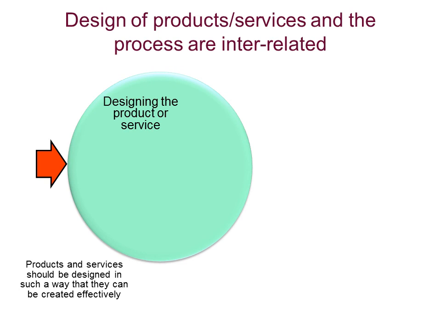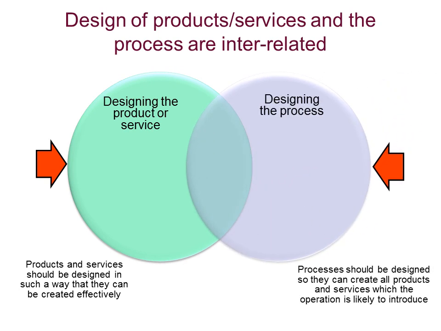So they're all designed in some way. They have shape, they have form, they have elements to them, parts to them, and they need to be designed in such a way that they can be created effectively, that all these parts, these elements for the product or service can be put together.